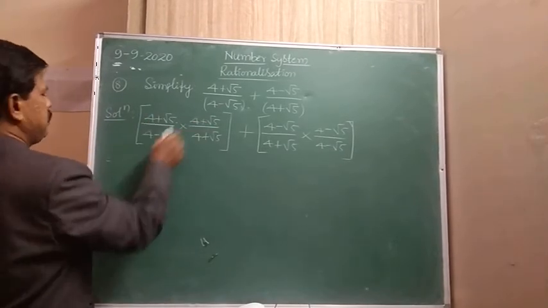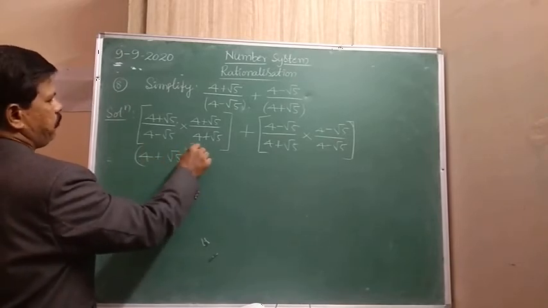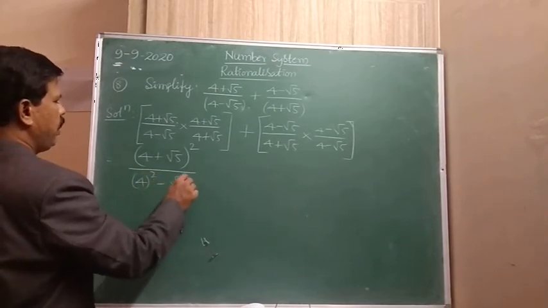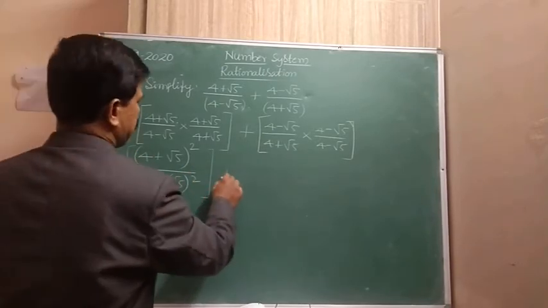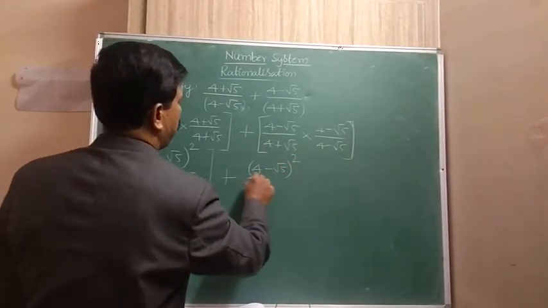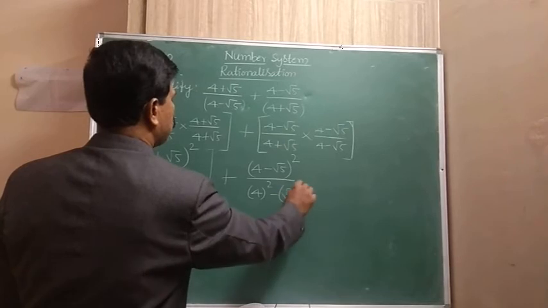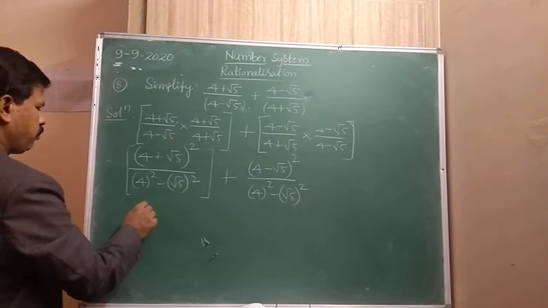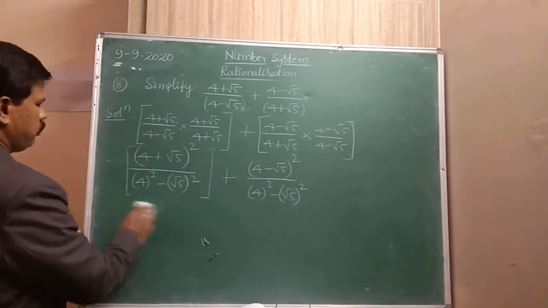Now here this is 4 plus root 5 whole square, then this is 4 square minus root 5 whole square. This is the first part. Plus here is 4 minus root 5 whole square by 4 square minus root 5 whole square. Now on expanding this, a plus b whole square, I will use a shortcut method now.